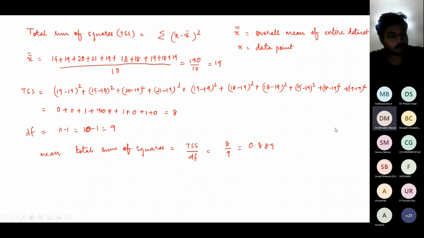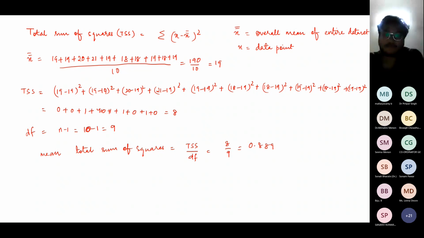Just to make sure I've understood it right, first we have to calculate the mean of all the values given. I think this particular topic, ANOVA, I'm yet to get to. So the total sum of squares would be the summation of (x minus x bar) whole squared, where each individual x value is subtracted from the overall mean for the entire data set, and then we sum the squares.